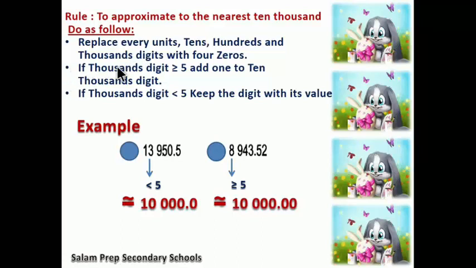The second one, if the thousands digit is greater than or equal to 5, add 1 to the 10,000s digit. The third one, if the thousands digit is smaller than 5, keep the digit with its value.